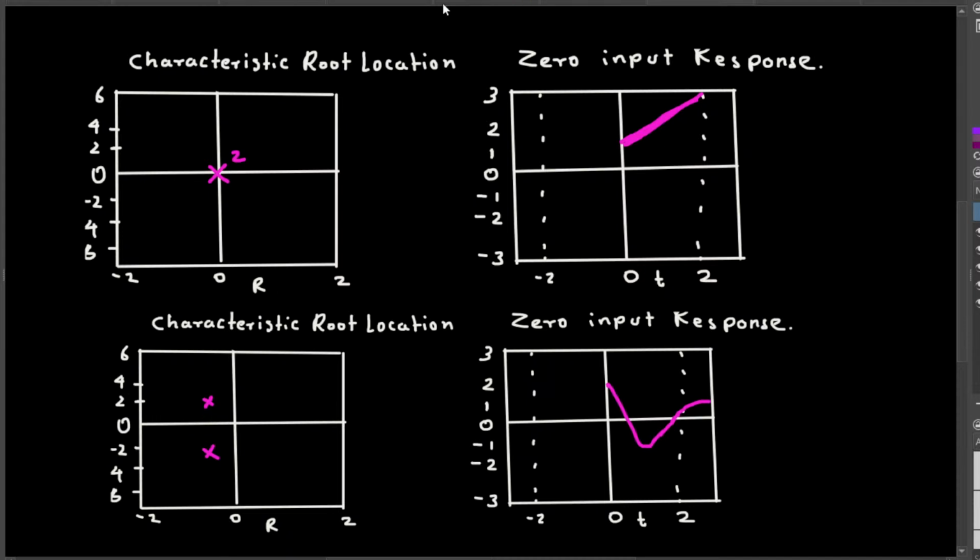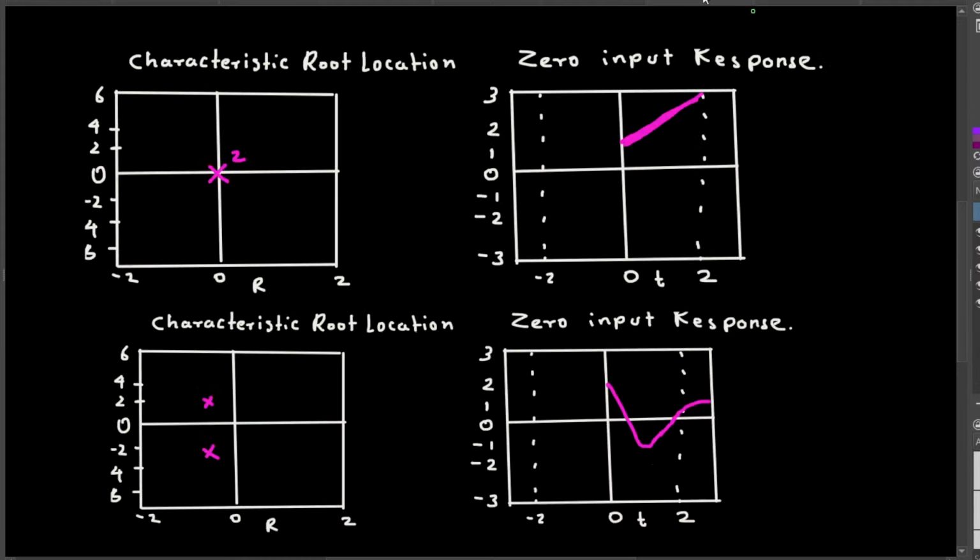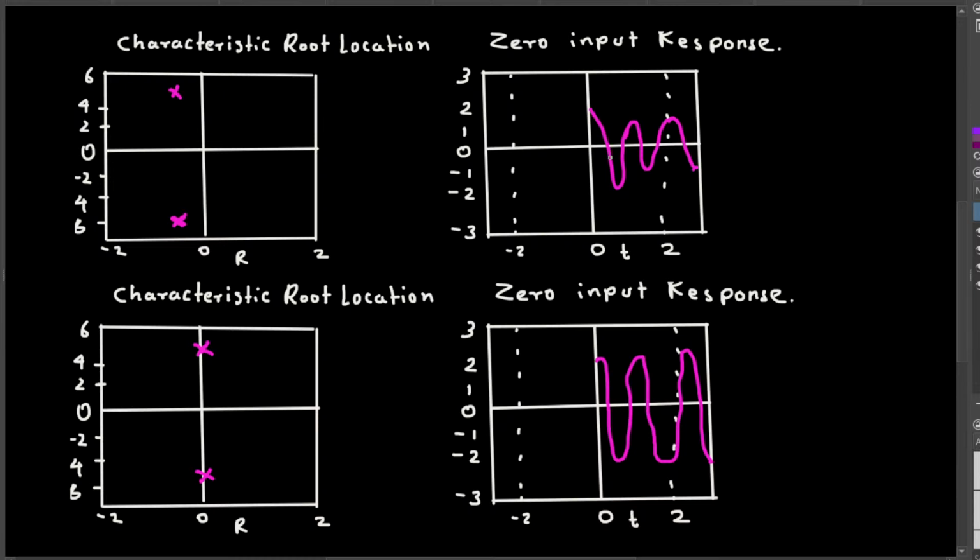It's giving a stable zero input response, and as you move the poles further away, it's still stable, but it decays faster. Eventually it's going to get small and settle somewhere. Here that happens a little bit faster as you move further away, but it's stable.